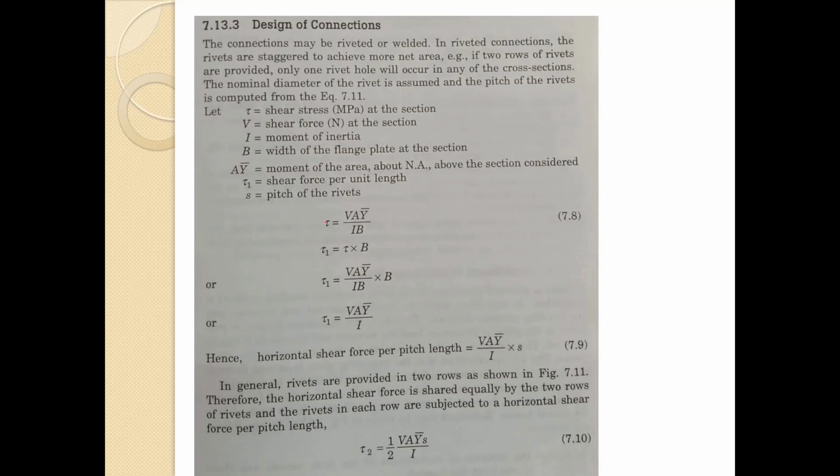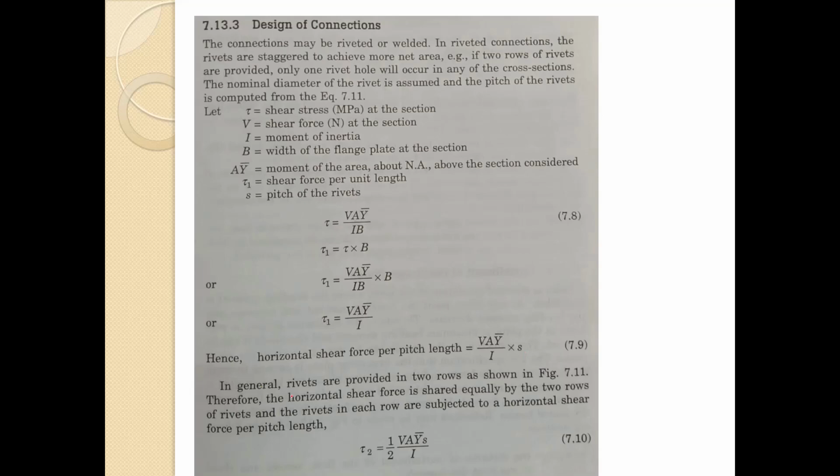So we know that tau equals VAY divided by IB. Tau into B, or tau1, equals VAY divided by IB into B, that becomes VAY divided by I. Hence, the horizontal shear force per pitch length is VAY divided by I into S.